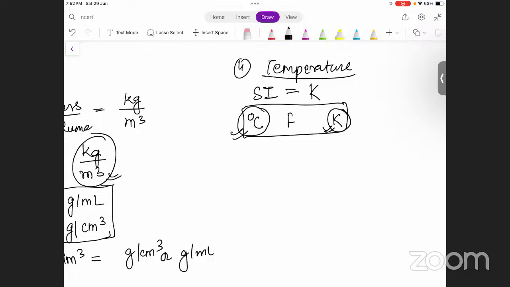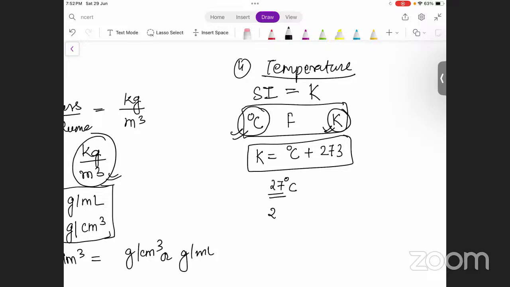Whenever you are given the temperature in degrees Celsius, to that temperature I have to add 273, and that's how I'll get the temperature in Kelvin. For example, suppose I have 27 degrees Celsius. If I add 273 to 27, then I'll have 300 Kelvin.